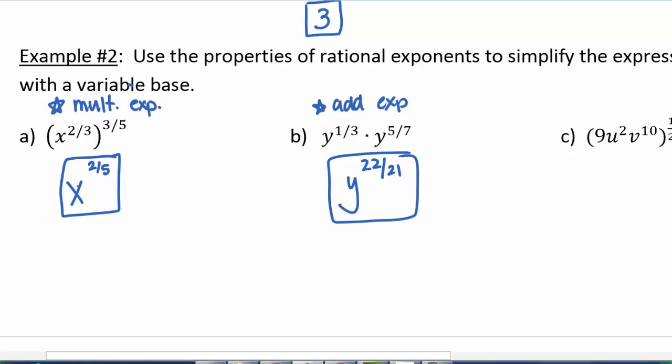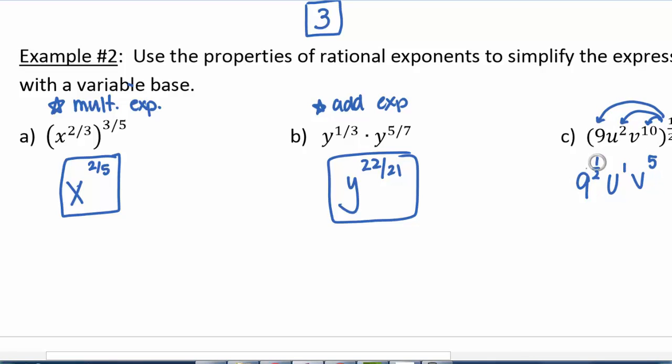Okay, so now I have this whole quantity raised to the 1/2. So that means I get to raise everything to the 1/2 power. So that's 9 to the 1/2, u to the first, because 2 times 1/2 is 1. And v, 10 times 1/2 is 5.